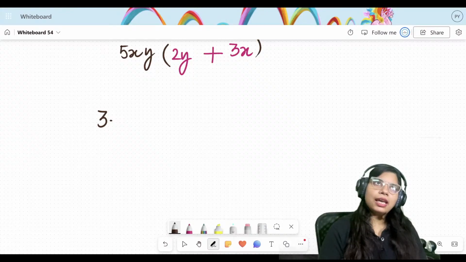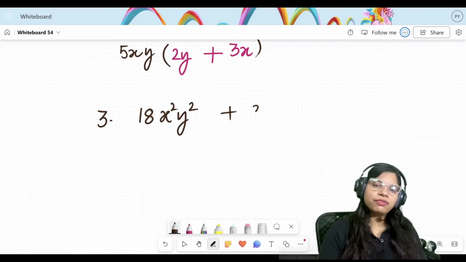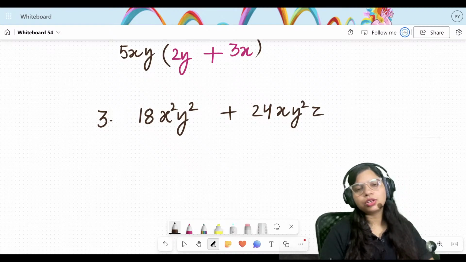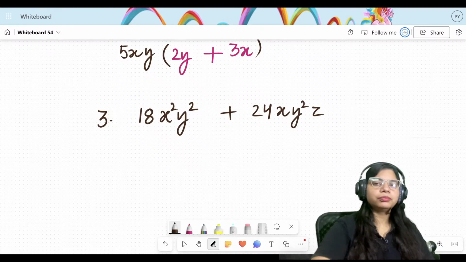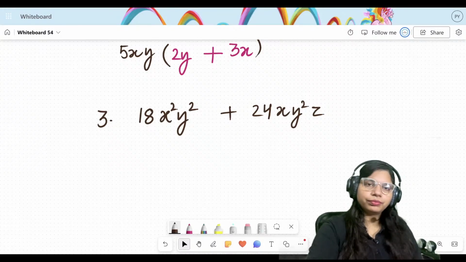So if I say 18x squared y squared plus 24xy squared z. Try this. And let me set the timer for the entire 1 minute.